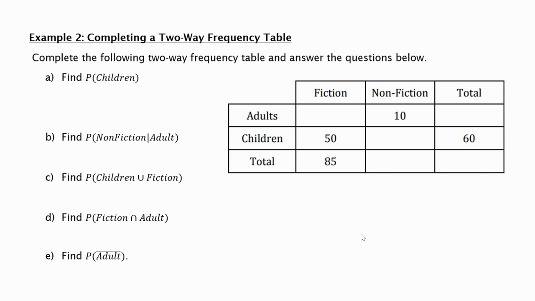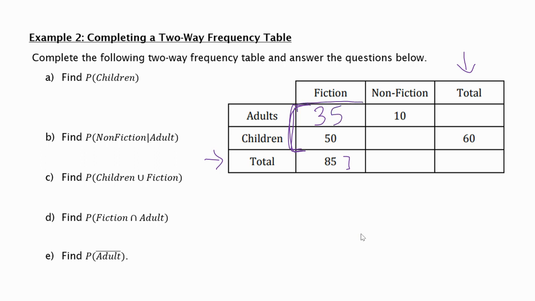In the second example, we're going to complete the two-way frequency table and then calculate the probabilities. Again, remember you have your row of totals and a column of totals, and we're just going to do addition or subtraction. For example, the adults who like fiction and children who like fiction should add up to 85, so if I subtract, I get 35.